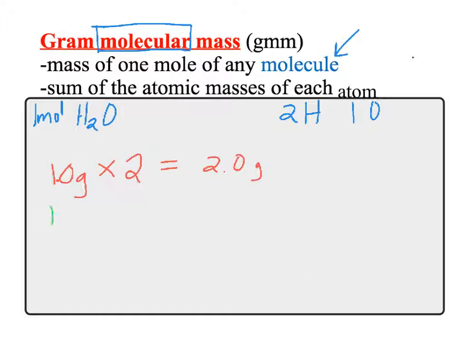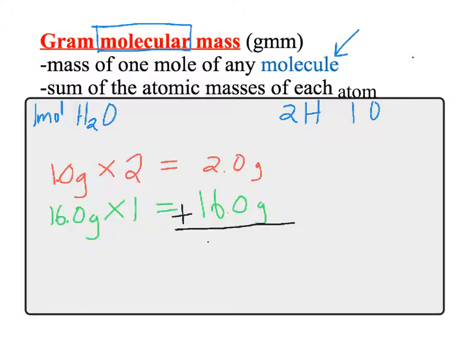If I look at the periodic table and round to the nearest 0.1, I will have 16.0 grams for oxygen. And I will multiply that by 1 because I only have 1 oxygen. So, total, I will have 16.0 grams of oxygen. Now, to find the gram molecular mass, or what I call molar mass, we just simply add up those values.